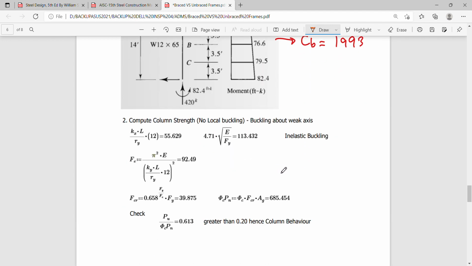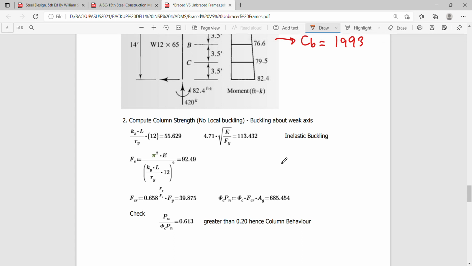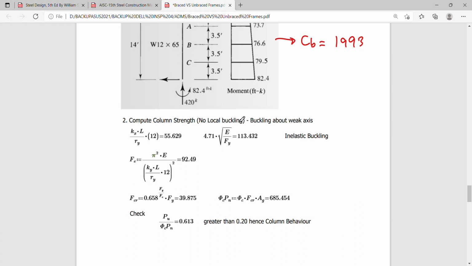So for the second step or procedure, we need to compute the column strength moment, assuming there is no local buckling. And the reason why we can readily assume that there's no local buckling is because we're using here a rolled shape section wherein the values of lambda r to consider are on the non-compact limit. Okay, so we know that lambda r, the non-compact limit, is assured not to be exceeded in this case. So lambda r is not exceeded.